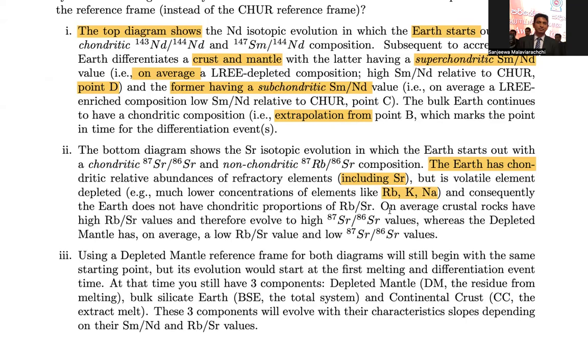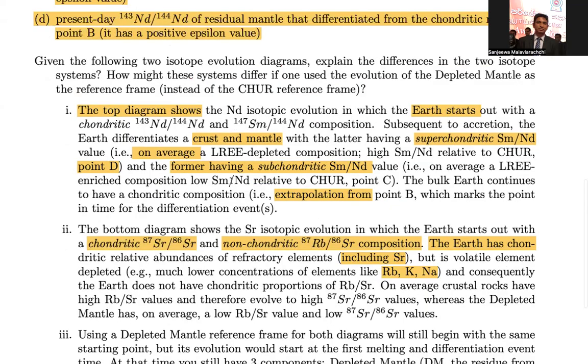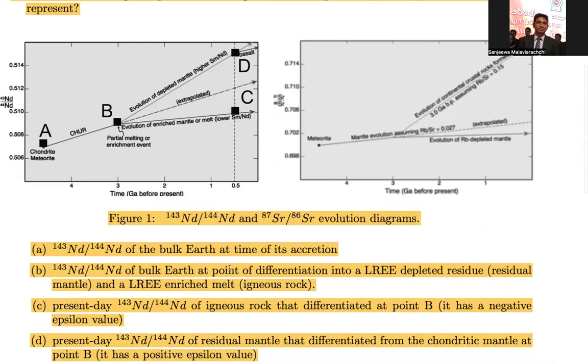So therefore we have no trust that the rubidium ratio should have been chondritic. That's why it is considered a non-chondritic rubidium strontium composition. But chondritic strontium composition, because strontium is a refractory element. So here we can assume strontium should have been similar to the chondritic composition, but the rubidium composition should not have been chondritic, right?